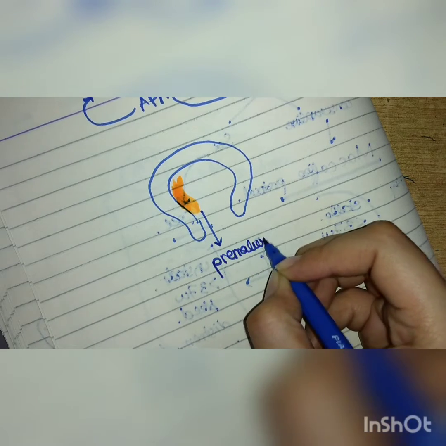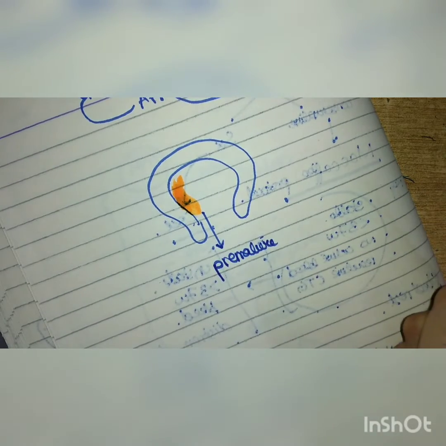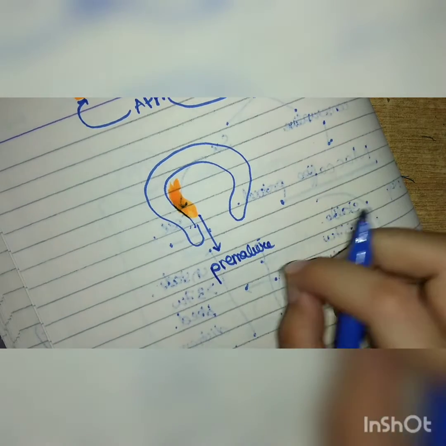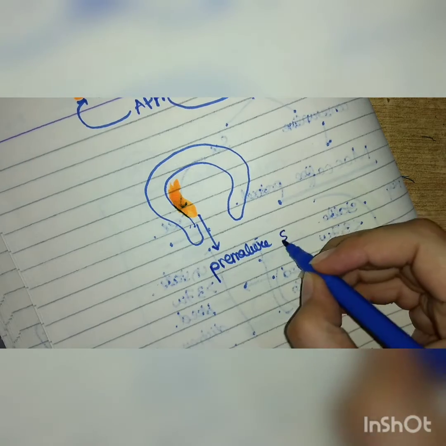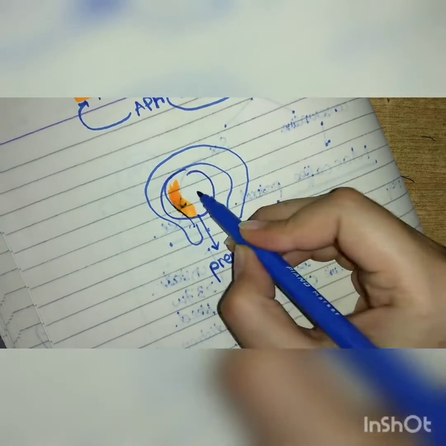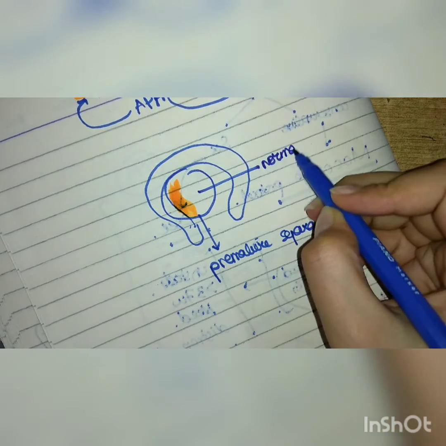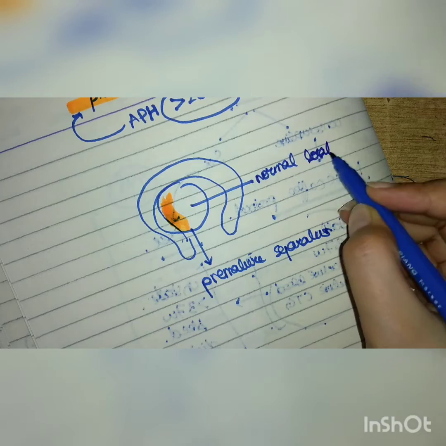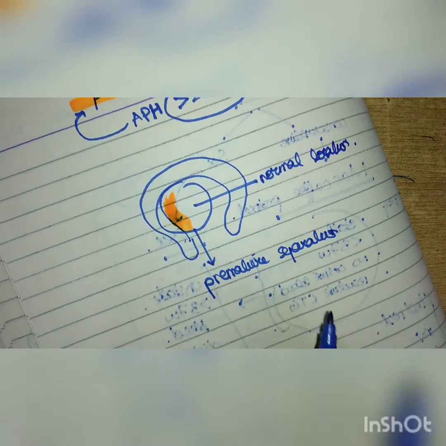Normally, when does it separate? Normally, we separate it via the Brandt-Andrews method during the third stage of labor. But over here, it is separating any time after 28 weeks. So premature separation occurs of a normally situated placenta. The location is normal, it is not a low-lying placenta, but it is undergoing premature separation.